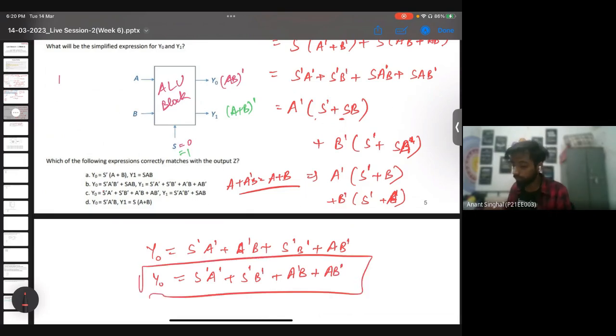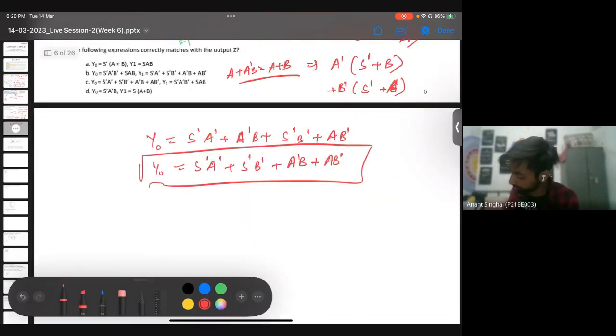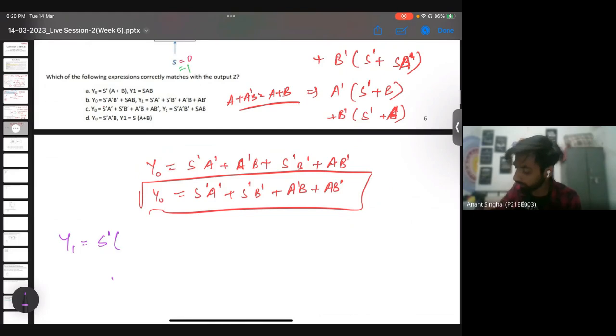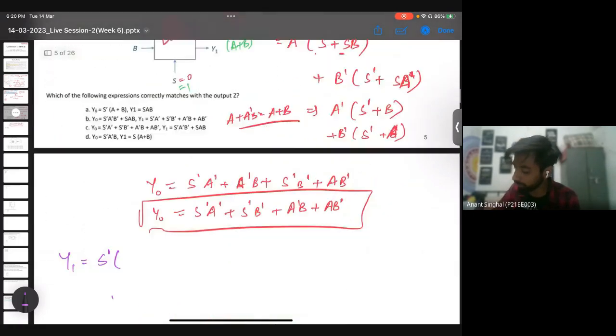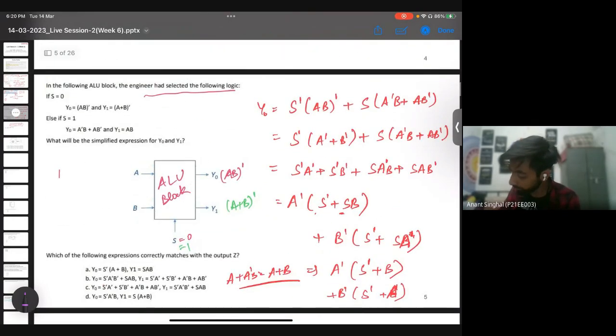Similarly, now we'll calculate for y1. So y1 will be nothing but, for s bar, it is given that when s equals 0, y1 is a plus b whole bar. And when s equals 1, y1 is nothing but ab.